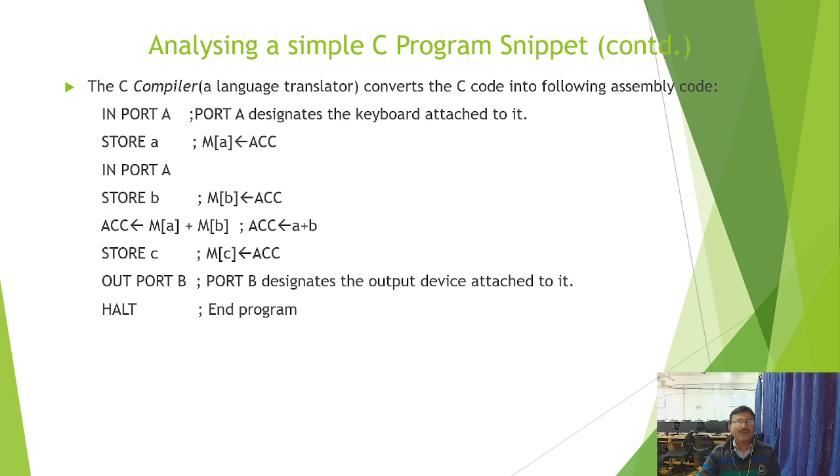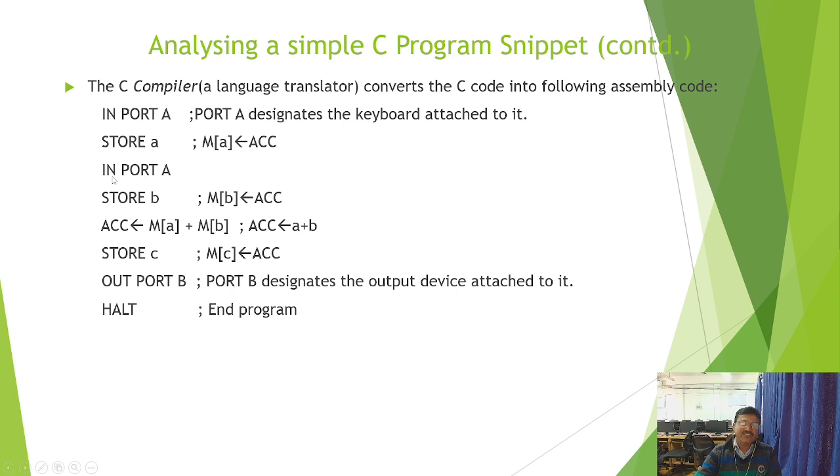Now, the second step is that the particular value collected by port A and stored at the buffer level will be stored within memory location A. So, from the accumulator to memory location A, that particular value is being stored.